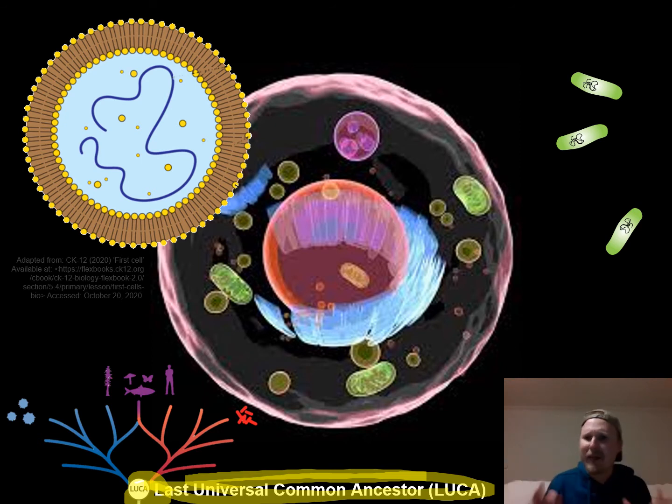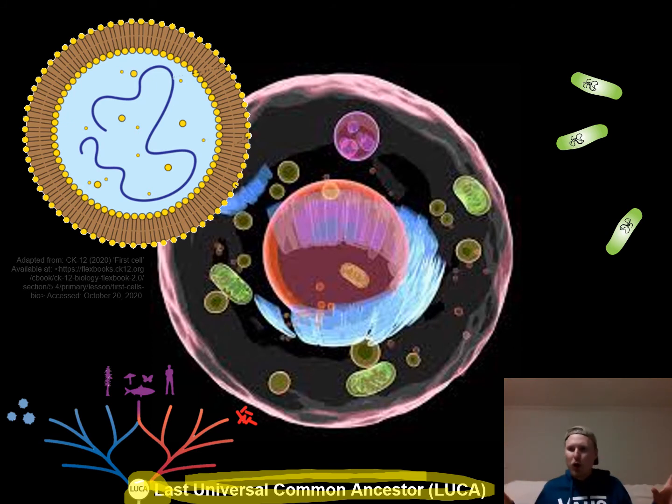So what happened then? We think that the earliest cells got their energy from other molecules that were floating in their surroundings. However, about 3 billion years ago, a new way of getting energy appeared: photosynthesis. We will talk more about photosynthesis later in this course, but to put this story short, these cells were able to do photosynthesis and could use sunlight to make food from carbon dioxide and water.